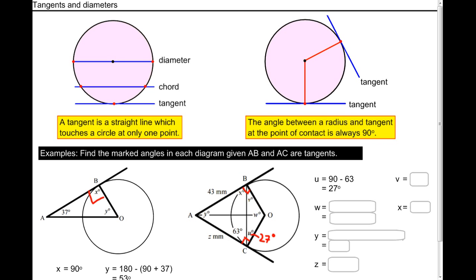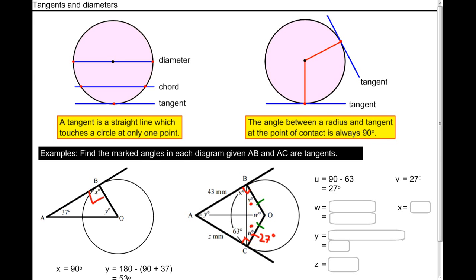I know the two lines OC and OB are both radii, so they're equal. So I formed an isosceles triangle. So this means the angle V is also going to be 27 degrees. W, that's the third angle in my isosceles triangle there.